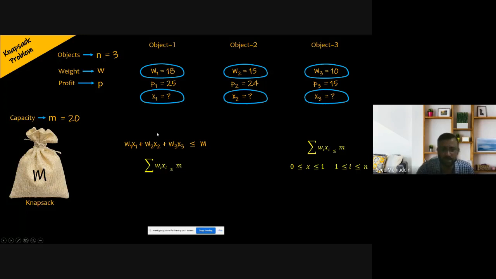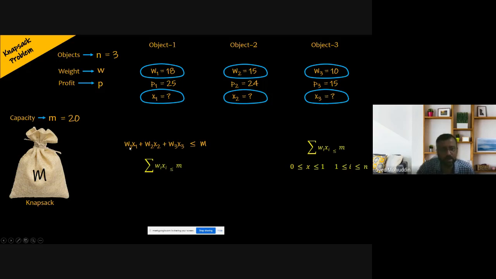Using this scenario, we come to a formula. We have seen that W1 plus W2 plus W3 should be equal to M, but it was greater, so we rejected that hypothesis. Now we consider fractions of weight.